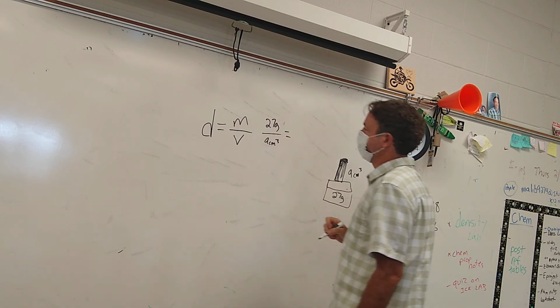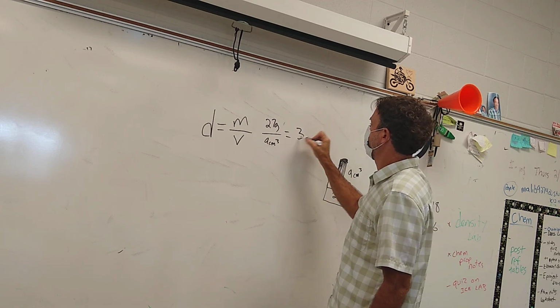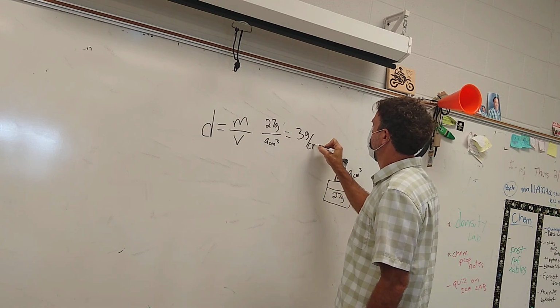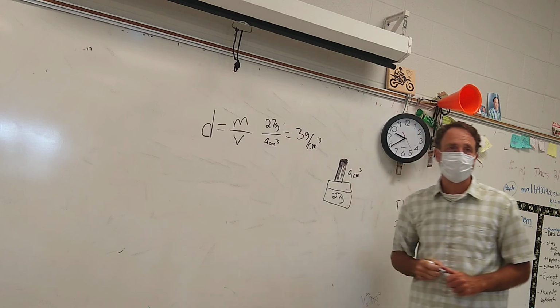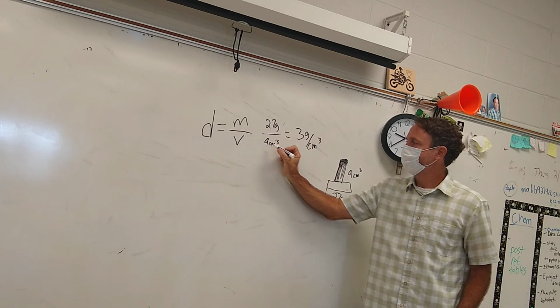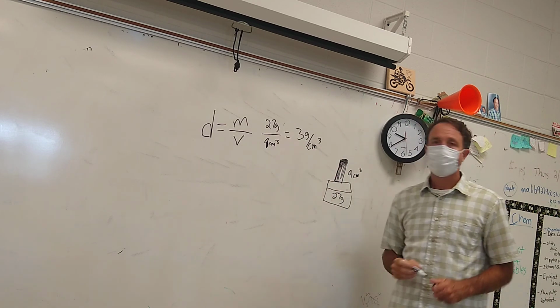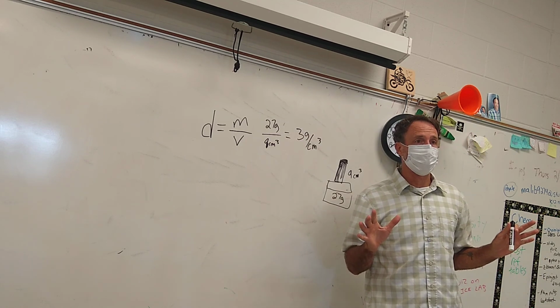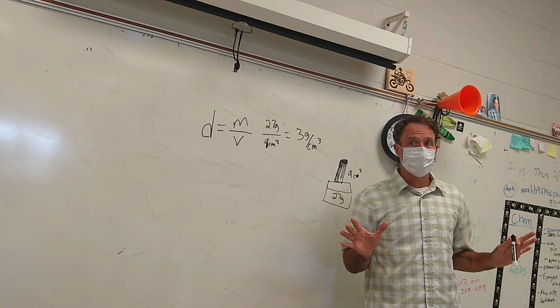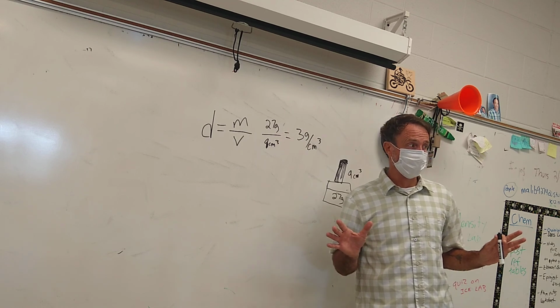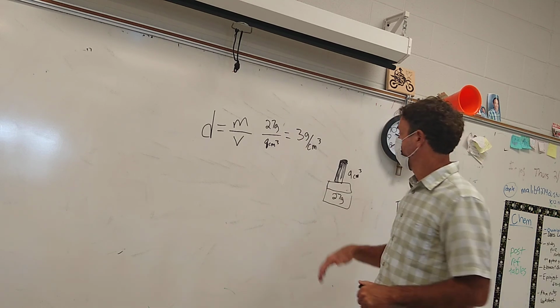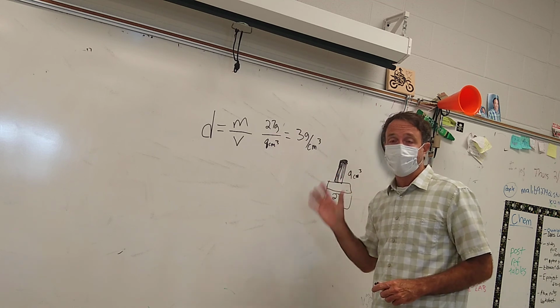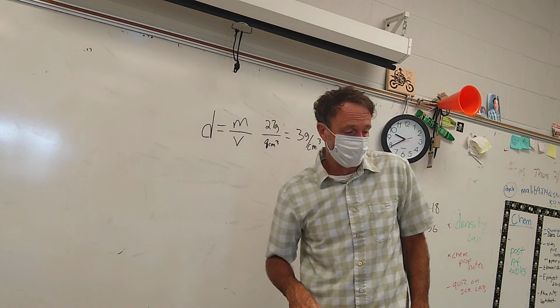So this has a density of 3 grams per centimeter cubed. Does that make sense? 27 divided by 9. Is anybody confused about that? I'm sure that you've done this in other classes. I'm positive. You've done this in middle school, right? You've done density. Okay, so now the only new thing for you may be actually displacing objects.